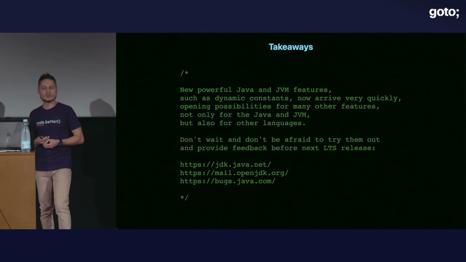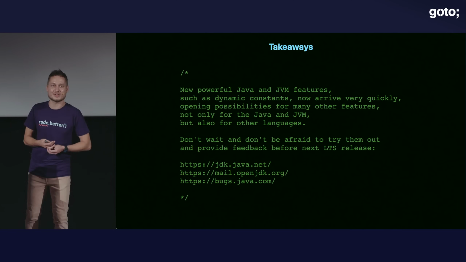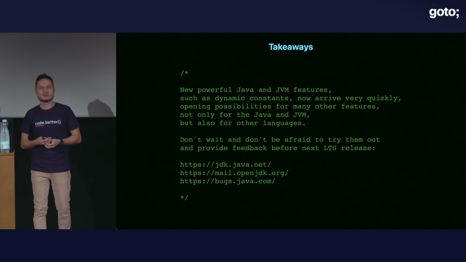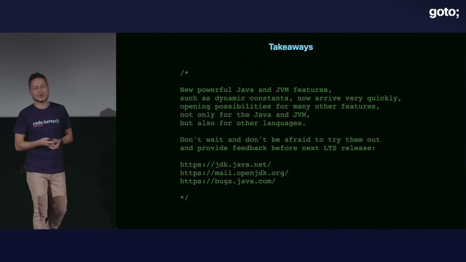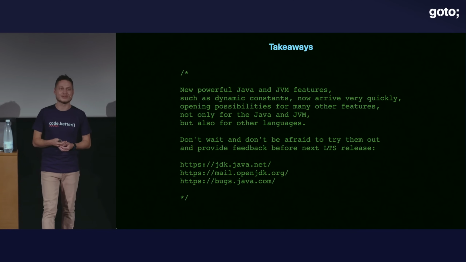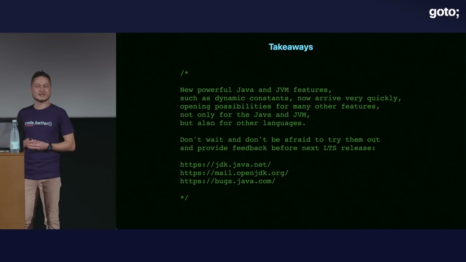Or you can go to bugs.java.com and report the bug. If you get a JVM crash, just attach the JVM crash to the bug with a little reproducer. And the people on the other end will take it, investigate, and provide a solution for the good of all of us.